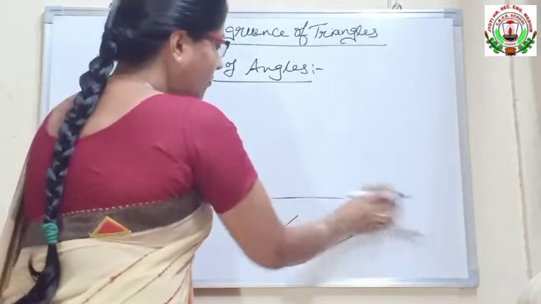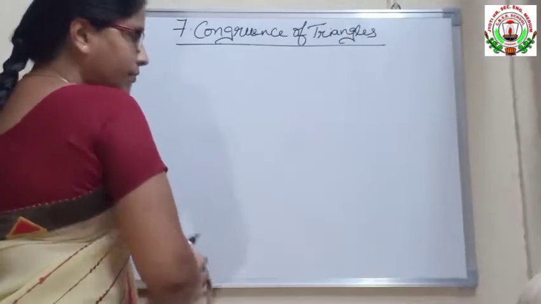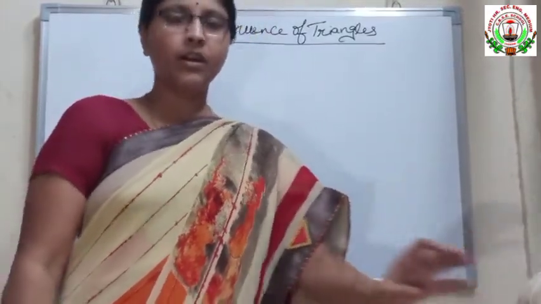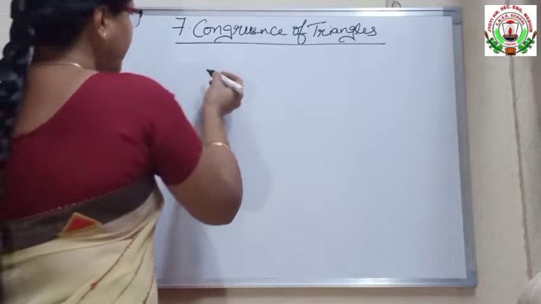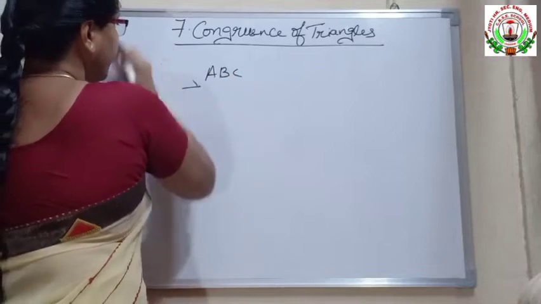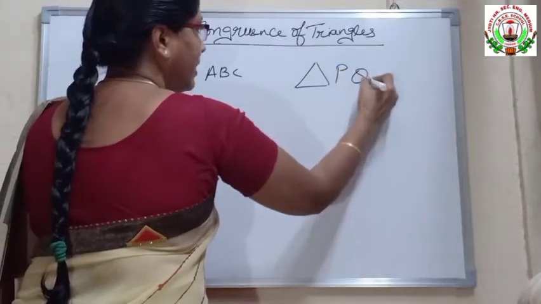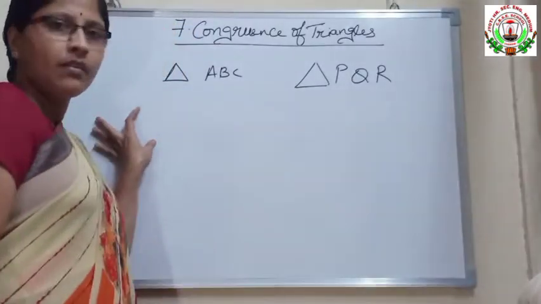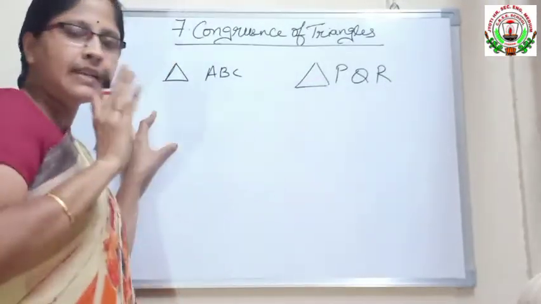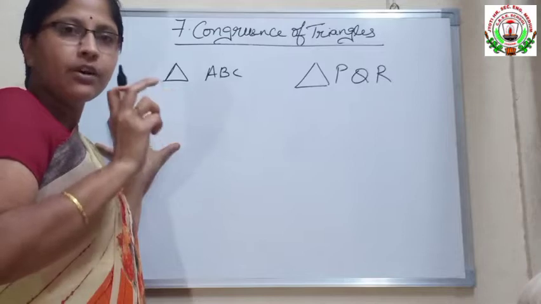Next comes the congruence of triangles. Before starting the congruence of triangles, we have to learn about corresponding sides. Corresponding sides means, when I take two triangles, triangle ABC and triangle PQR, we have to first compare the corresponding sides of the two triangles.